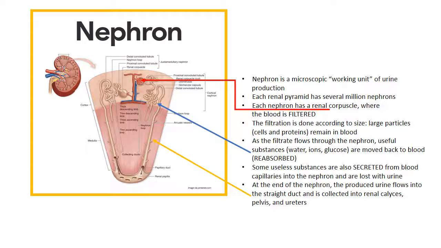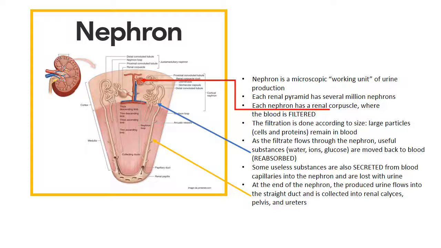Now, the big, thick red arrow points to the beginning part of a nephron, which is called the renal corpuscle. It's a ball-like structure, like a little ball. It has blood capillaries surrounded by an epithelial capsule.